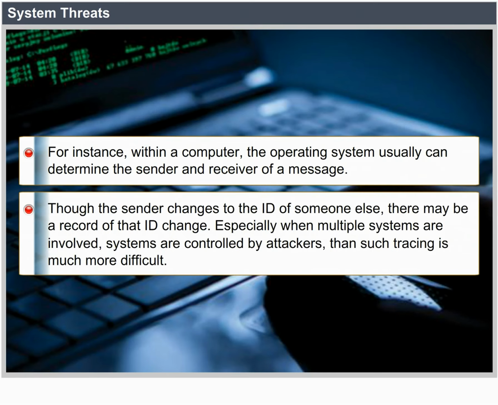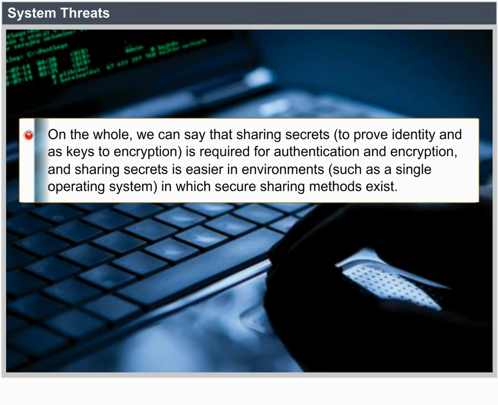When multiple systems are involved, especially systems controlled by attackers, then such tracing is much more difficult. In general, we can say that sharing secrets to prove identity and as keys to encryption is required for authentication and encryption, and sharing secrets is easier in environments such as a single operating system in which secure sharing methods exist. These methods include shared memory and inter-process communications.